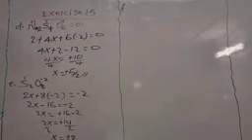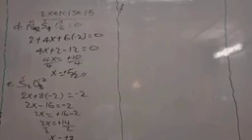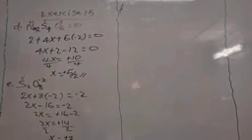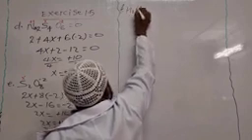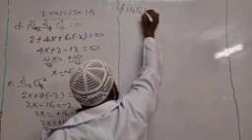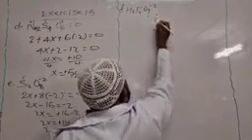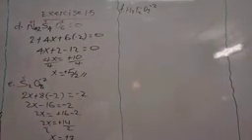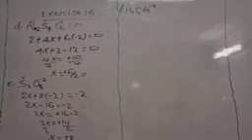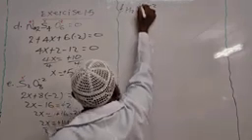When you come to F, this is a type of radical. Okay, then the oxidation number of phosphorus is required.